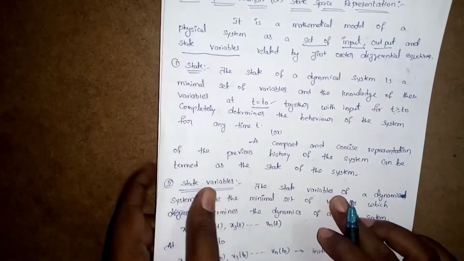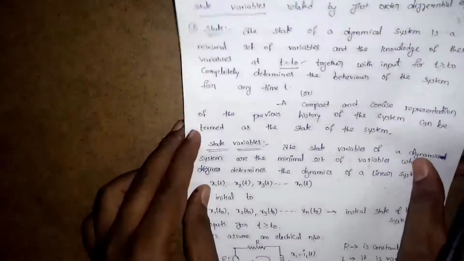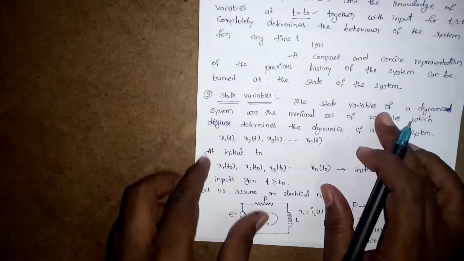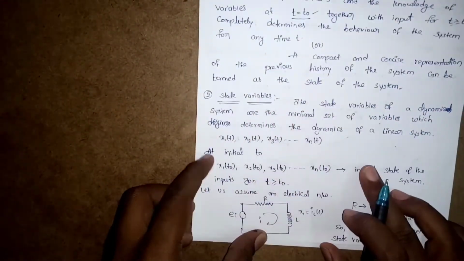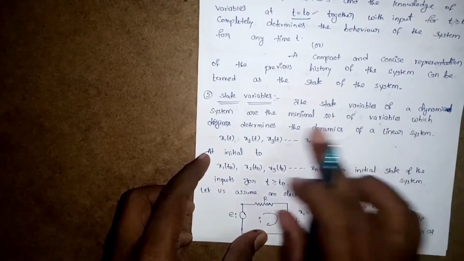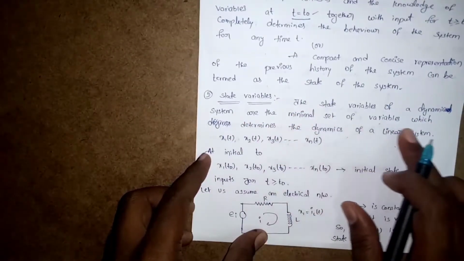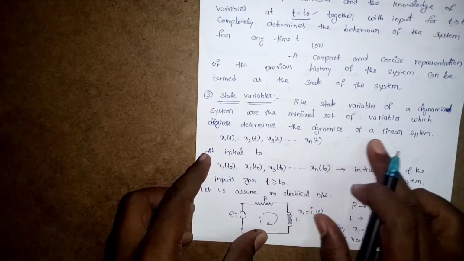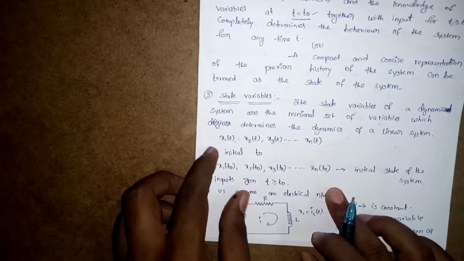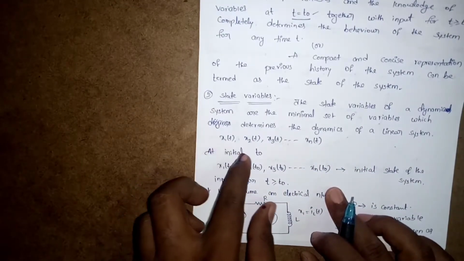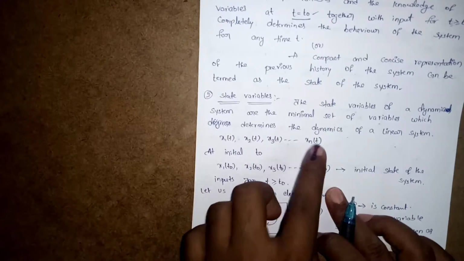Now we are going to know one more important definition, state variables. The state variables of a dynamic system are the minimal set of variables which determine the dynamics of a linear system. For example, x1 of t, x2 of t, x3 of t and so on up to xn of t.